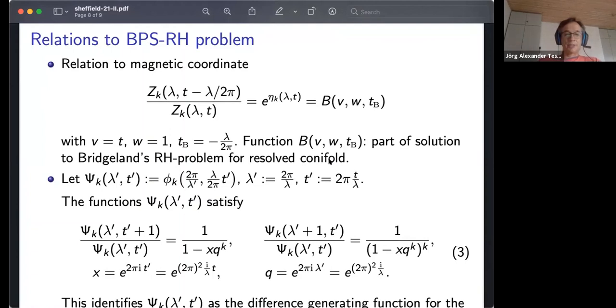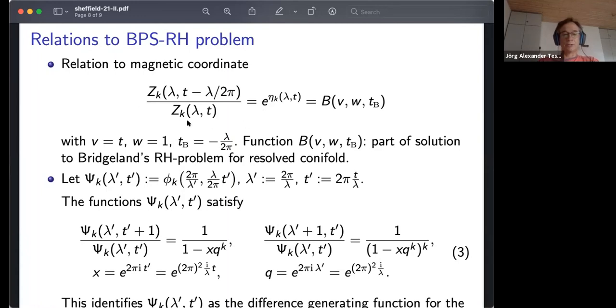The jumps are related to these BPS Riemann-Hilbert problems that Tom has formulated. For example, we can compute the ratio of the shifted partition function over the partition function. What it gives is the magnetic coordinate, or rather B_k, where the B_k are exactly the functions which represent part of the solution to the Riemann-Hilbert problem Tom has associated to the resolved conifold.